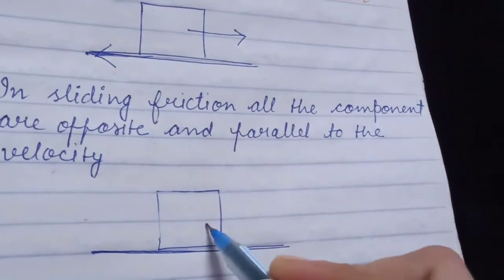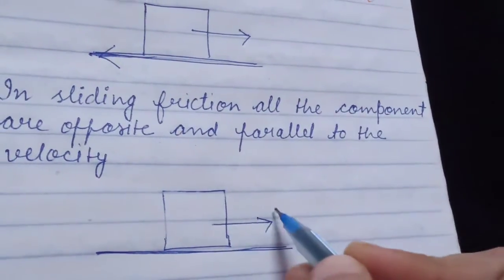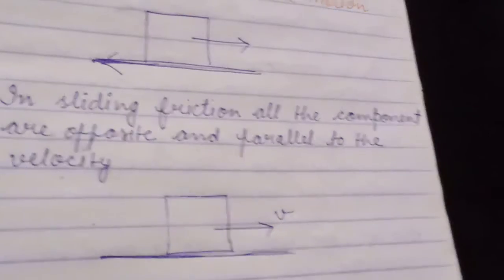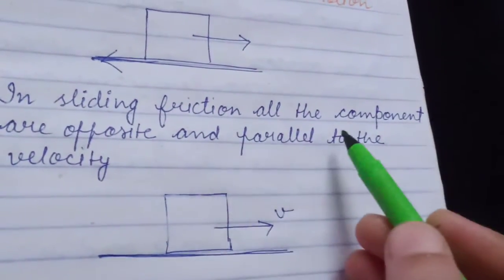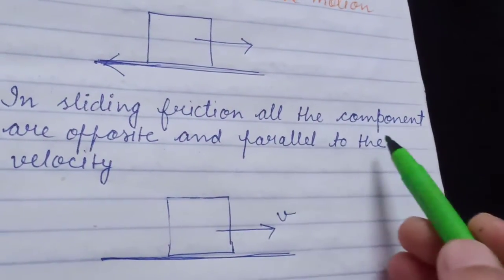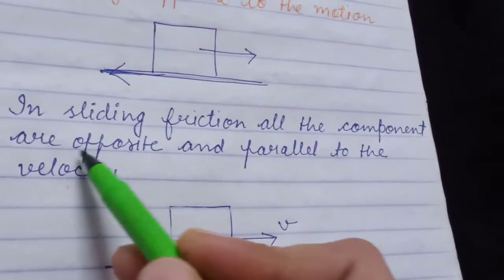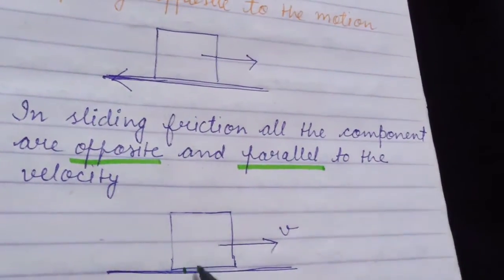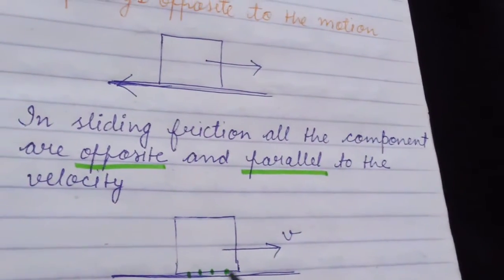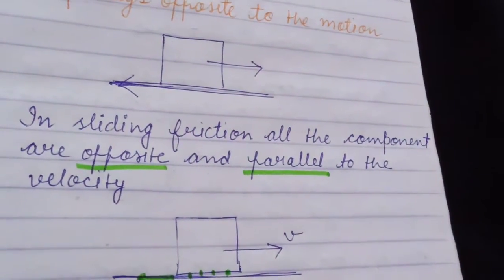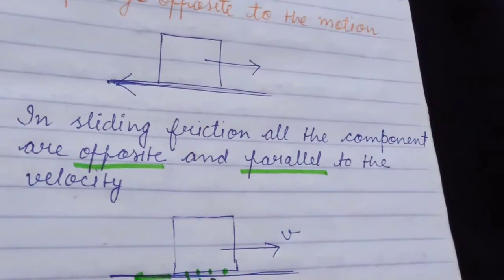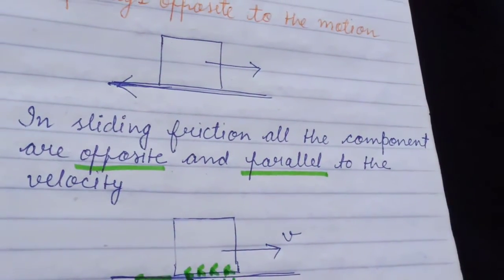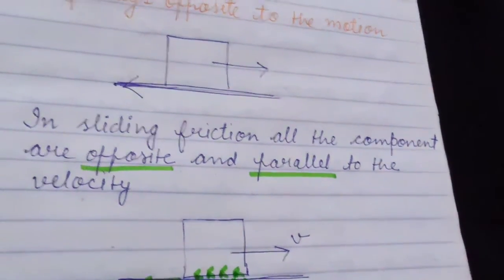If the block moves to this side, velocity is on this side, so in sliding friction all the components are opposite and parallel to the velocity.